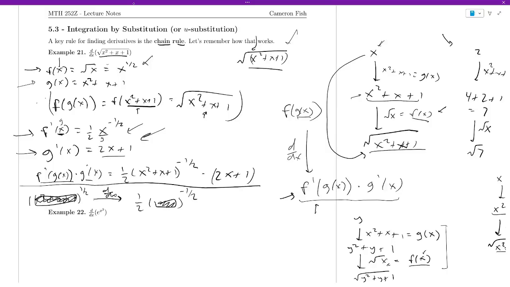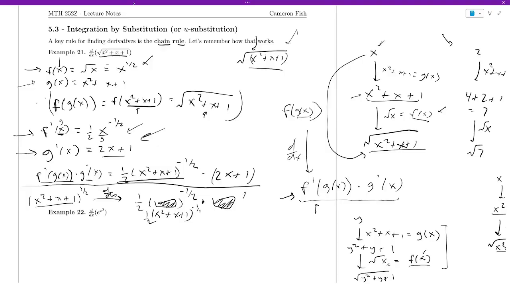And that's this here, as long as my black box was x squared plus x plus 1. So that's what this is going to be. So we've already done that part. What I just have to remember is that after I do that, I also have to multiply by the derivative of whatever the black box is. So here our black box was x squared plus x plus 1, so that's going to go here.